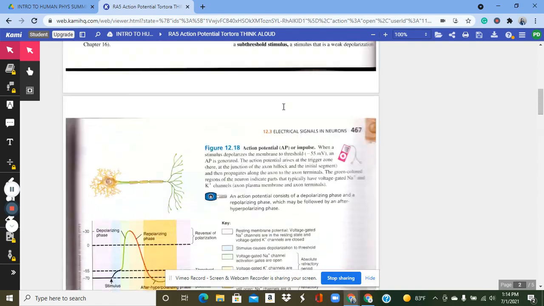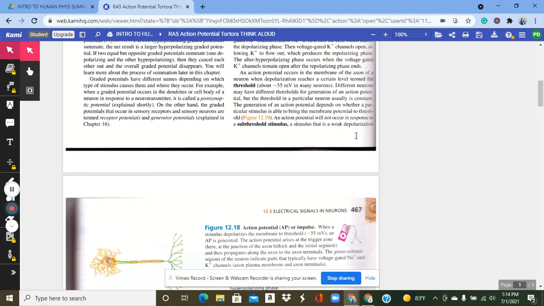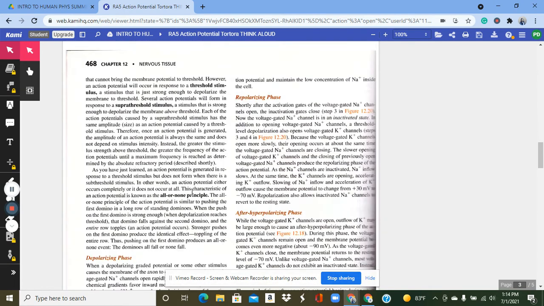Okay, so where did we leave off? An action potential will not occur in response to a subthreshold stimulus, a stimulus that is a weak depolarization that cannot bring the membrane potential to threshold. However, an action potential will occur in response to a threshold stimulus. A threshold stimulus is just strong enough to depolarize the membrane to threshold.